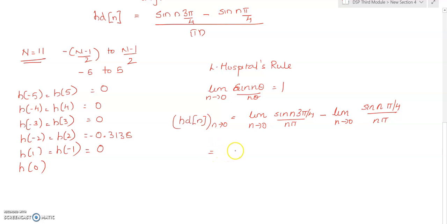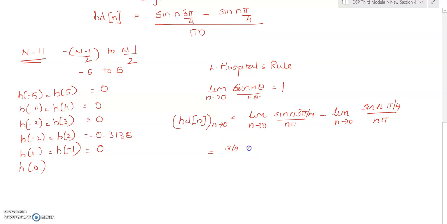So it will be like limit n tends to 0. We have an additional coefficient here, 3 by 4. So since 3 by 4 will be coming at the denominator, the numerator should also be having 3 by 4.